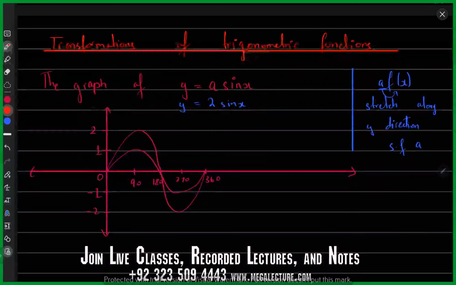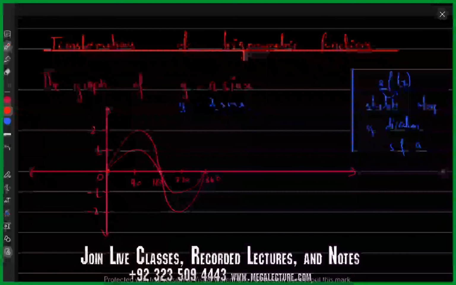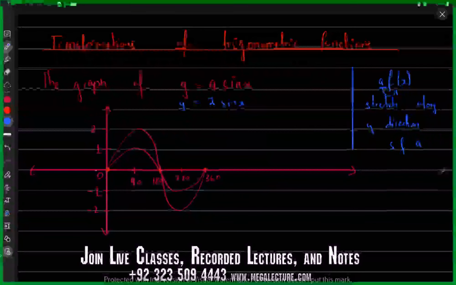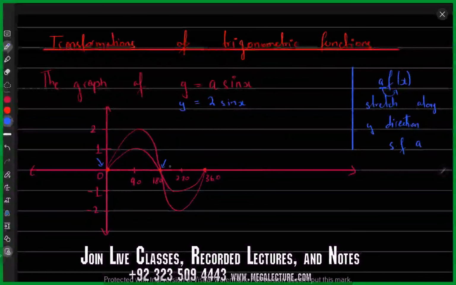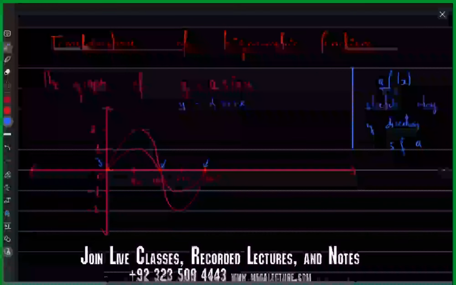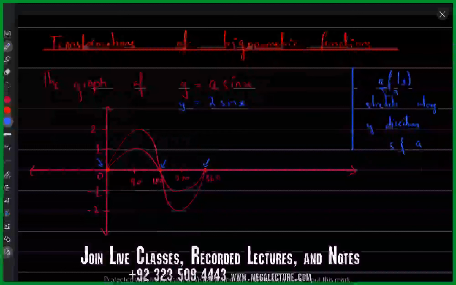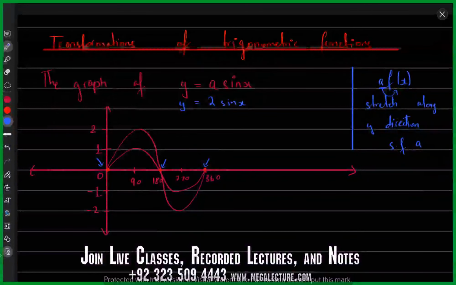But again, just like I've mentioned earlier as well, these x-intercepts are still the same, right? X-intercepts are not going to change because what is happening? Every y coordinate is being multiplied by 2. So if I talk about the y coordinate at this point, at this point, at this point, the y coordinate is 0. When I will multiply that 0 with 2, I would again get 0. So nothing is going to happen to the x-intercepts whenever the stretch is being made along the y-axis, okay? And every other point would be multiplied by 2 and I'm going to just stretch my graph along the y-axis.